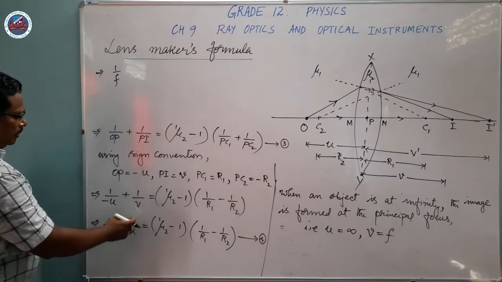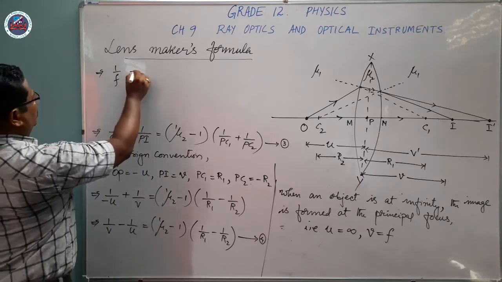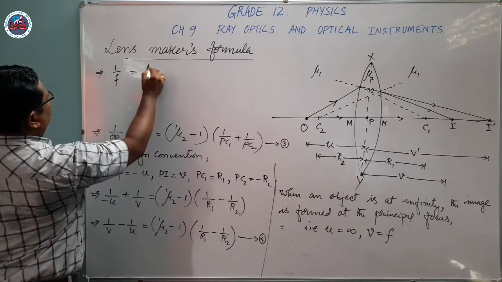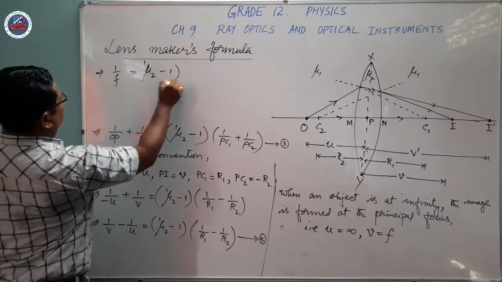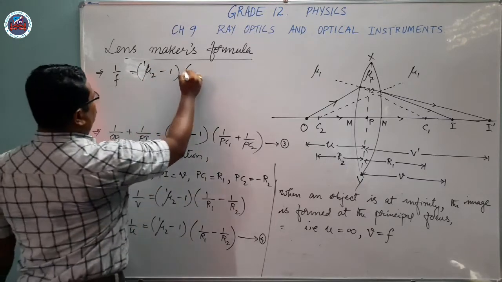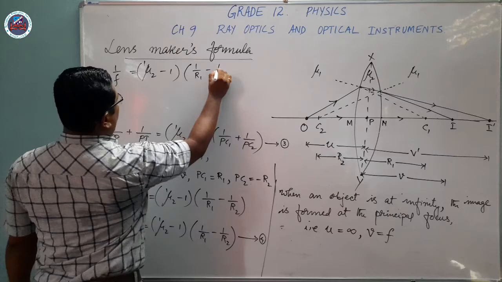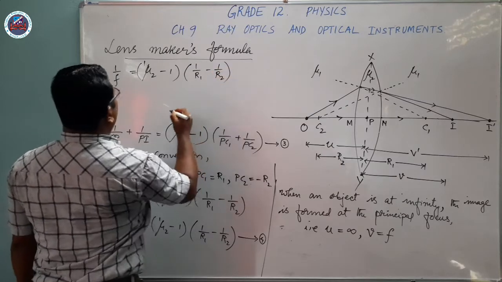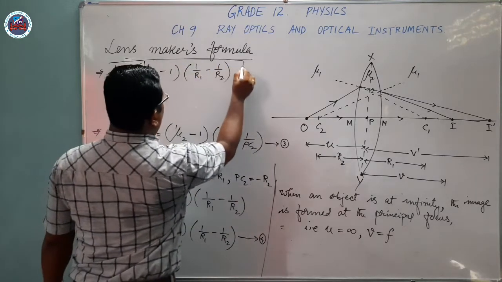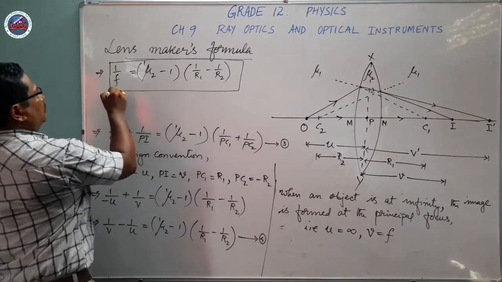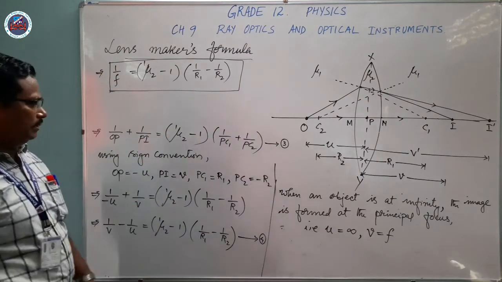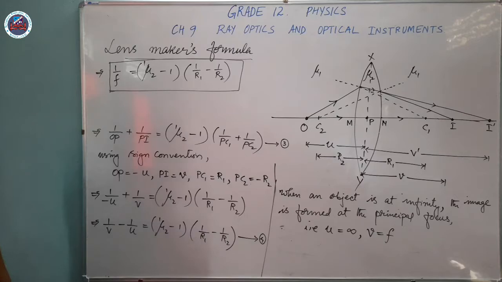So this term will turn out to be 0. That will be equal to mu21 minus 1 into 1 by R1 minus 1 by R2. This is your Lensmakers formula. This way you can derive it.